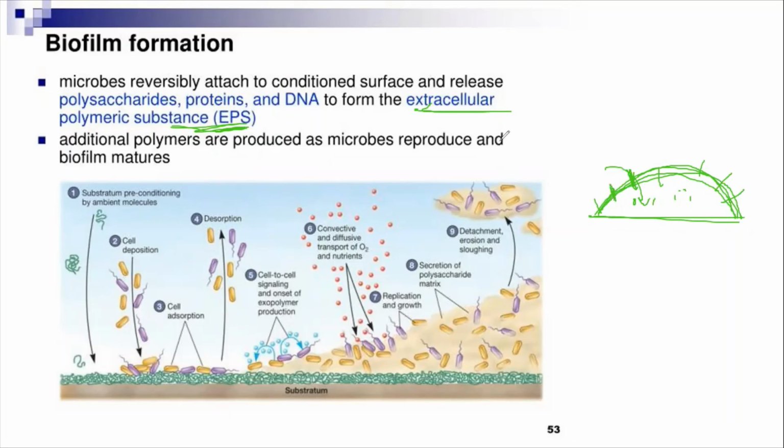Now, suppose the bacteria is there, on a substratum preconditioned by ambient molecules. So the bacteria get a very good amount of food and nourishment. Then the cell will detect that and try to settle over there.